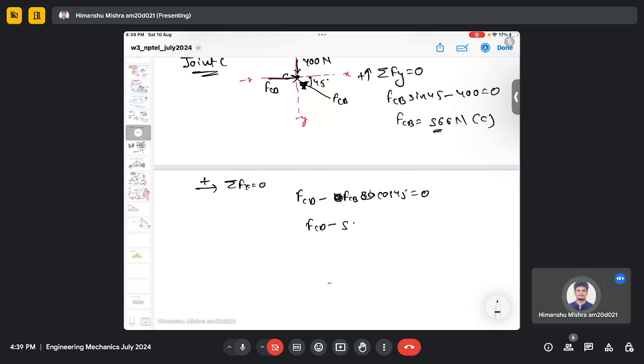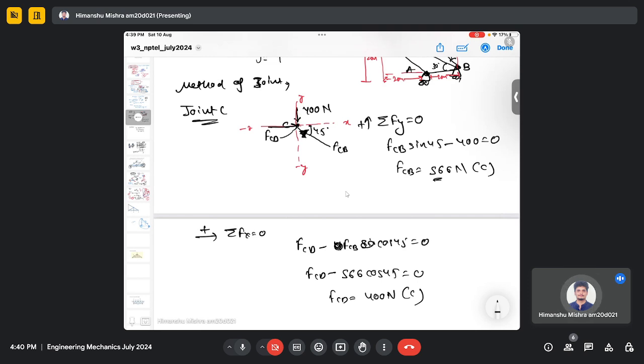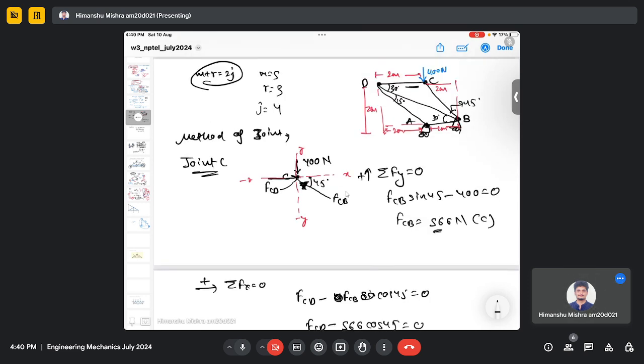CB is 566, so 566 cos 45 gives FCD equal to 400 Newton. Again this assumption is correct, which means it's a compressive force. So these are the unknown forces at joint C.